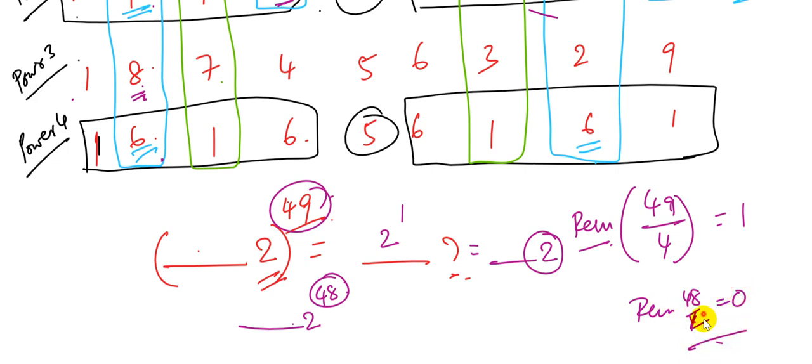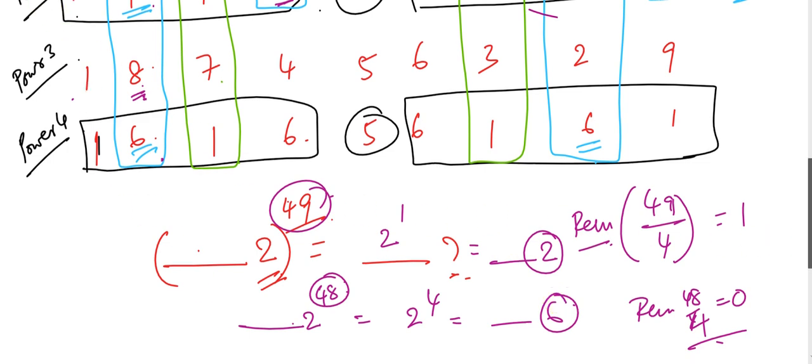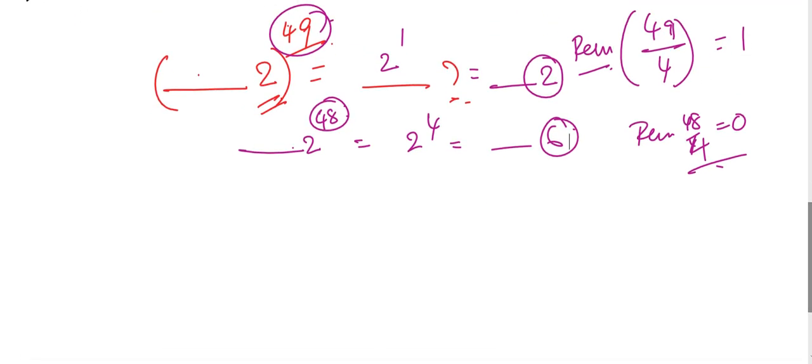If the remainder is 0, then this will be equivalent to 2 to the power 4, which will end in a 6. So, this is how you calculate the last digit of a number.